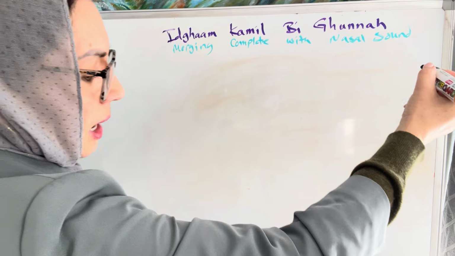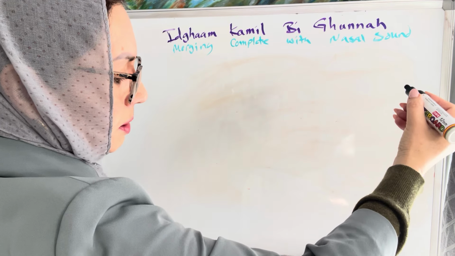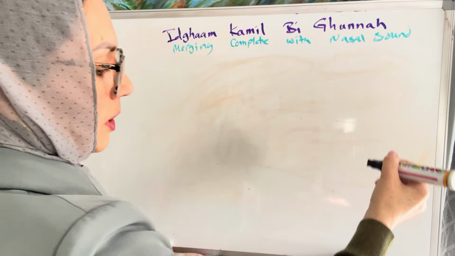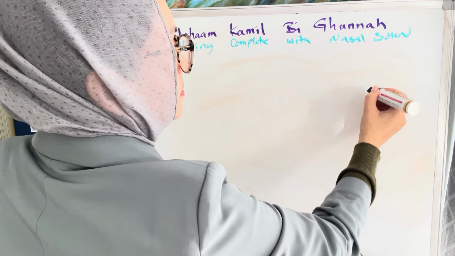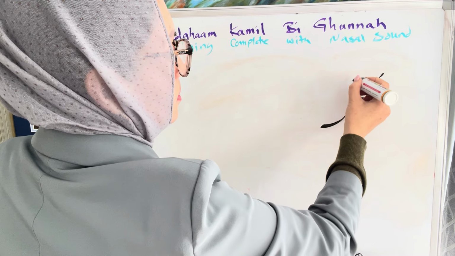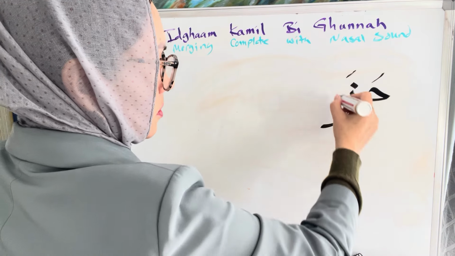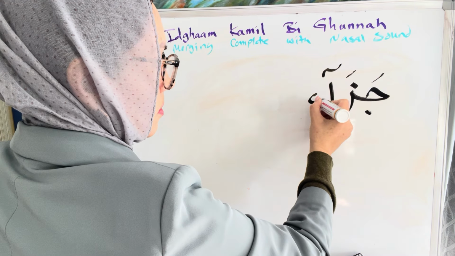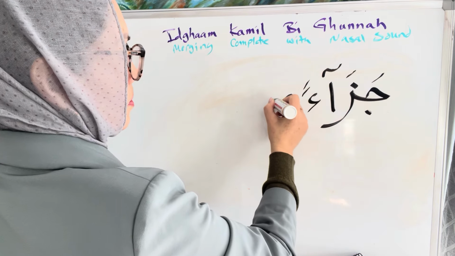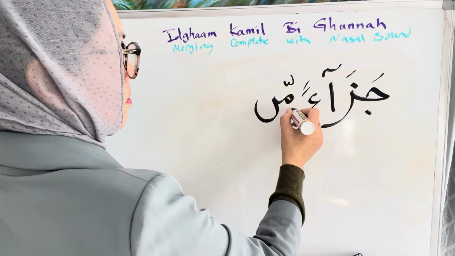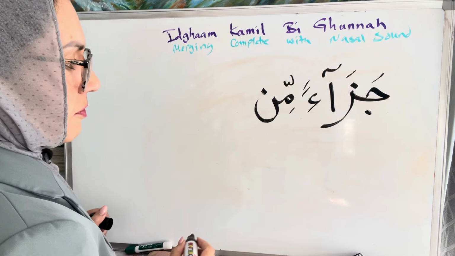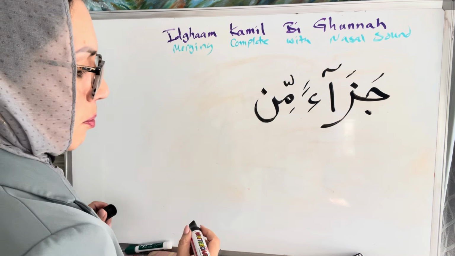So what happens when we have a tanween followed by mim mushaddada, or a tanween followed by noon mushaddada? In this case, the example is... okay, and then we have the example for noon.